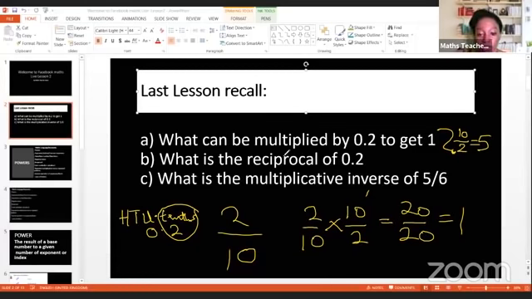Okay, the second question says, what is the reciprocal of 0.2? We basically have answered that question in question 1. So the reciprocal of 0.2 will be 10/2, which is the same thing as 5. Now, what is the multiplicative inverse of 5/6? I deliberately brought this word in so that you can know that multiplicative inverse is the same thing as reciprocal.